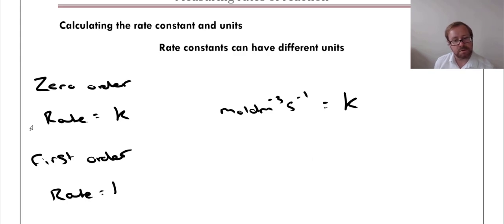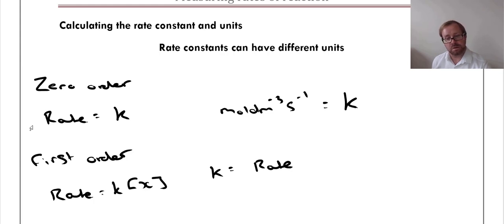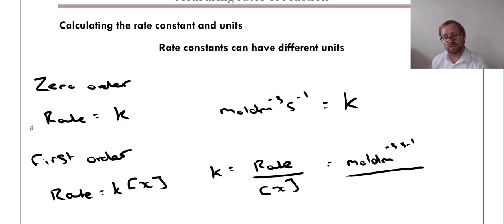We know the rate equation looks like this. We're going to have to do a bit of rearranging to get the K on its own. So K equals rate over X. Now I can put these units in here. So mole dm^-3 s^-1 over my units, which for concentration is mole dm^-3.